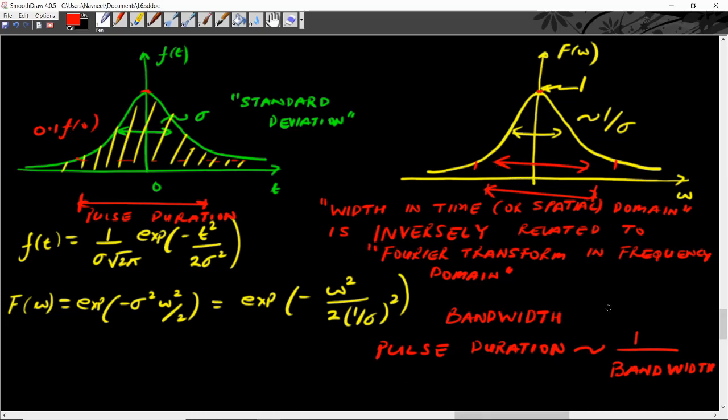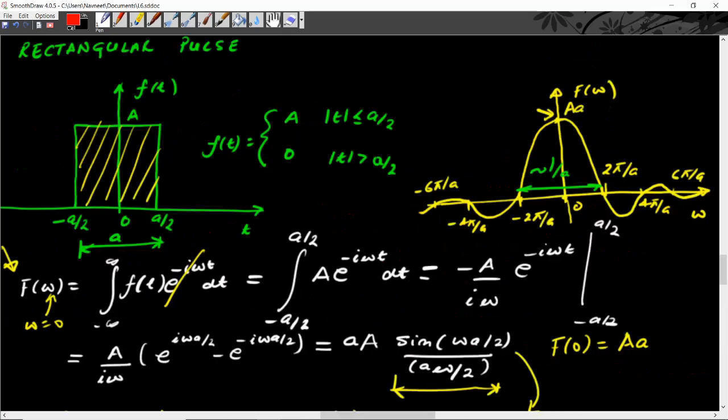Now let's go back to our Fourier transforms of the various examples that we've seen and look into more detail of how the pulse duration and bandwidth are related to each other. So in the case of a rectangular pulse, my pulse width is exactly equal to a because the function is 0 at all other time intervals outside minus a by 2 to a by 2. So we can say the pulse width denoted by delta t is equal to a.